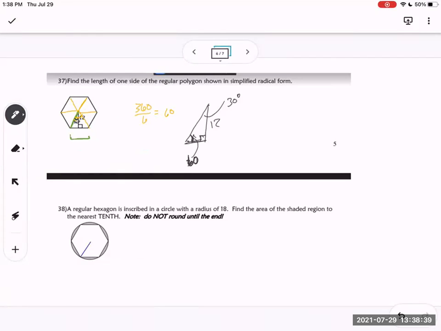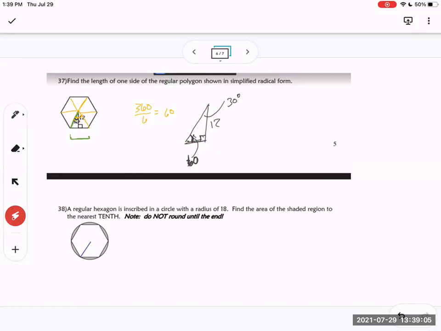And you remember the relationship in the 30, 60, 90 triangle? You guys remember the trick to get from the medium side to the small side? You would divide by square root of 3.